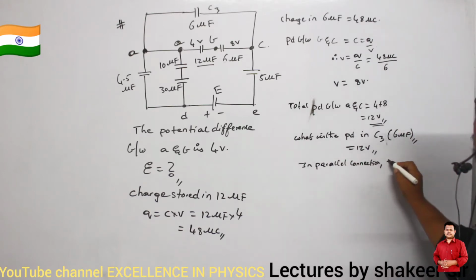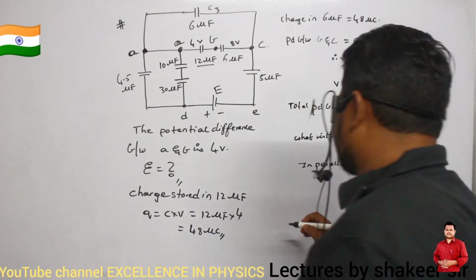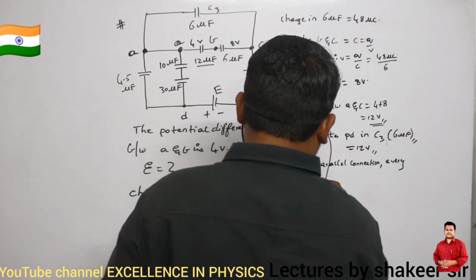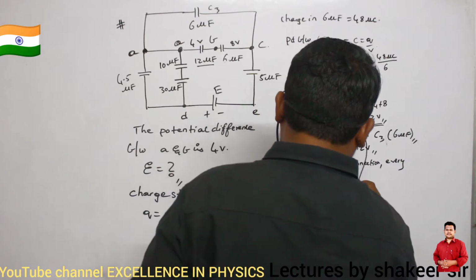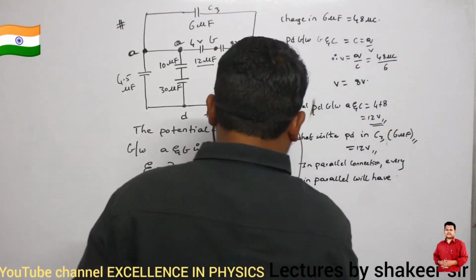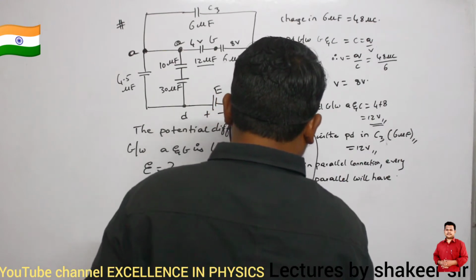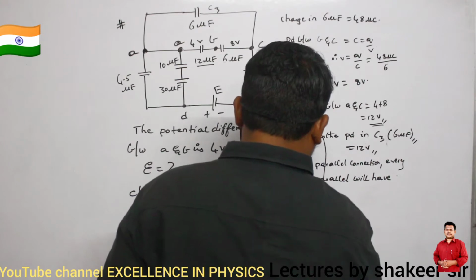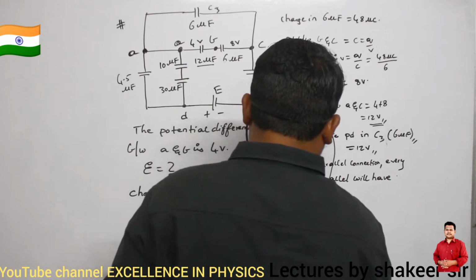Every branch in parallel will have same capacitance. Sorry, same potential.